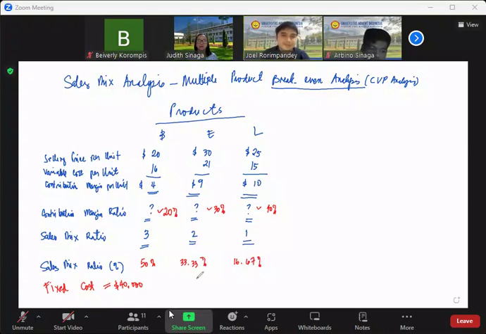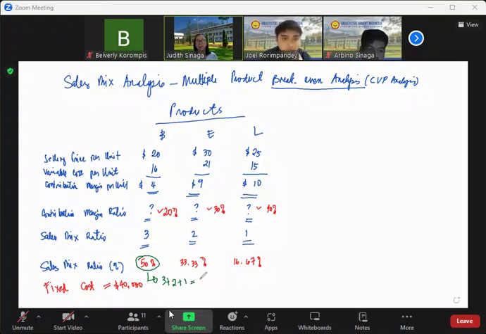How did you get the sales mix ratio in percentage? You add 3 plus 2 plus 1.